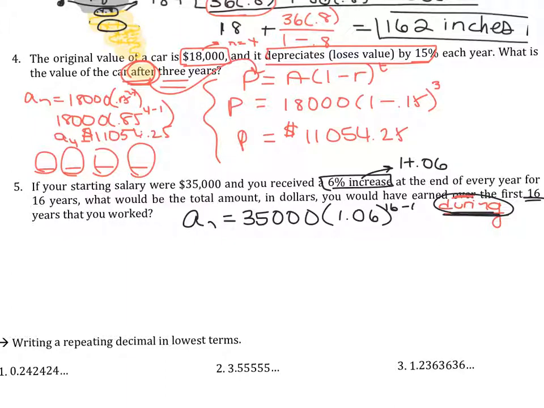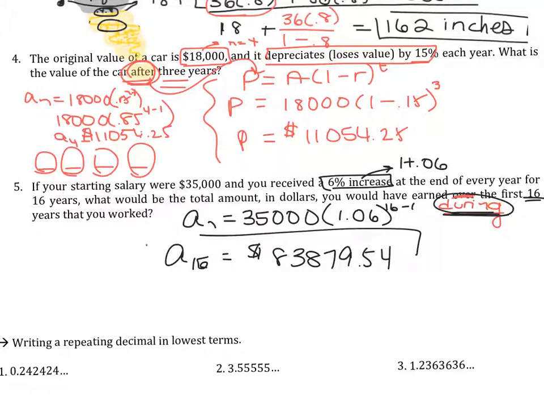So 35,000 times 1.06 to the 15th power is $83,879.54. So what this means is that during this first 16 years, I have earned this much money if I receive a 6% increase at the end of every year.